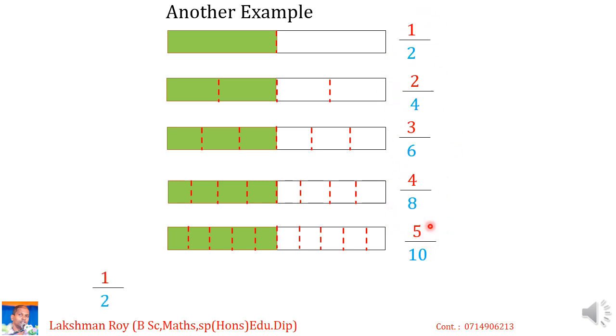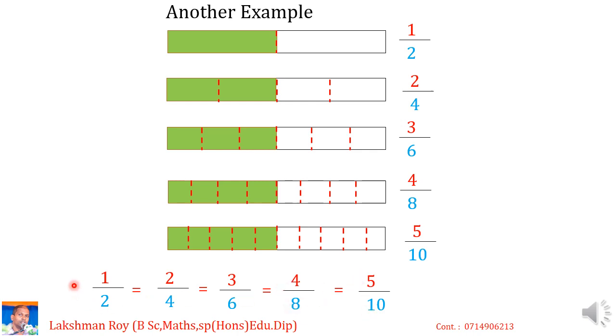Let's say the first is represented by 1/2, the second 2/4, the third 3/6, the fourth 4/8, the fifth 5/10. So those are equal. So 1/2 is equal to 2/4, equal to 3/6, equal to 4/8, equal to 5/10.